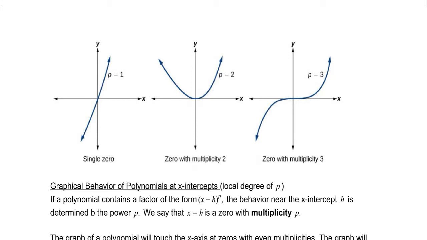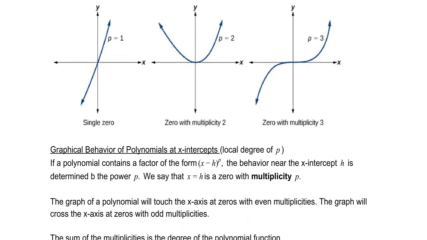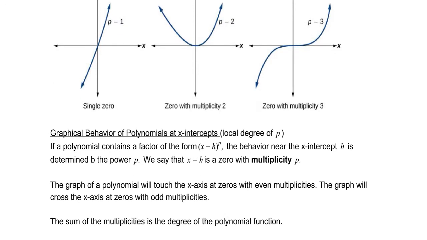And the higher the degree, it begins alternating between these two. A 4 looks like this, but it's much closer. A 5 looks like this, but it stays close to the axis longer. So all multiplicities that are odd act like this. They cross. All multiplicities that are even touch, and they bounce off.